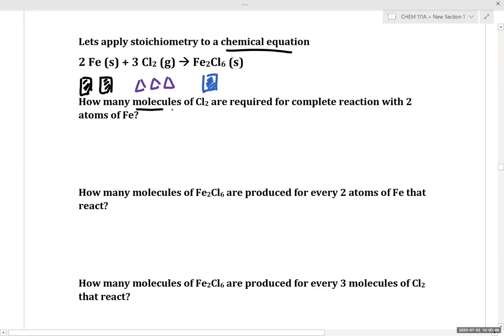So first, how many molecules of chlorine gas are required for complete reaction of 2 atoms of iron? So how many molecules of chlorine do we need to react with 2 atoms of iron?